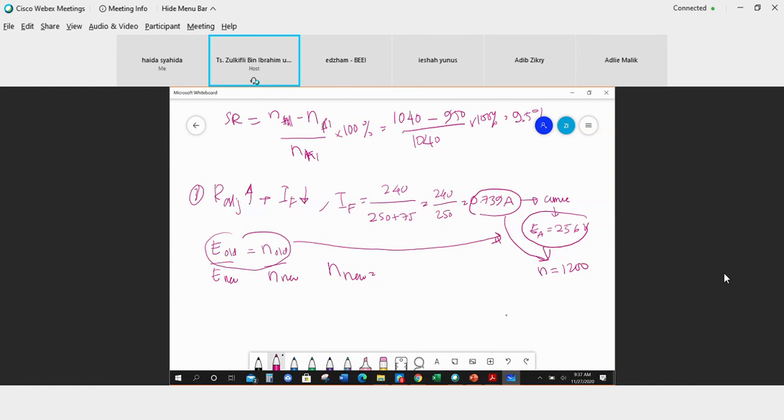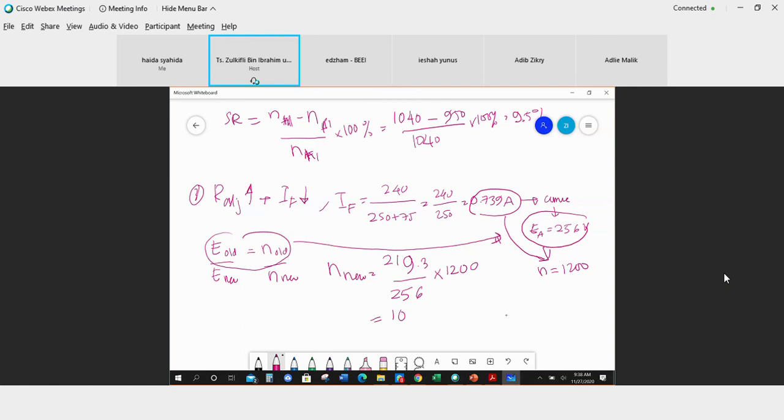So 219.3 divided by 255.6 times 1200 RPM.